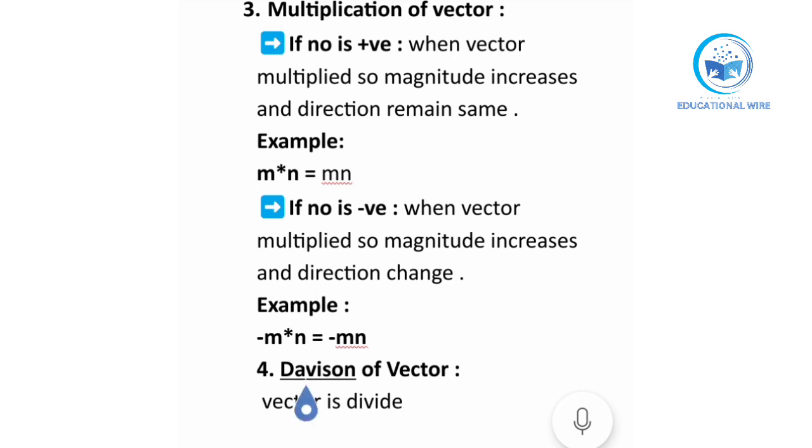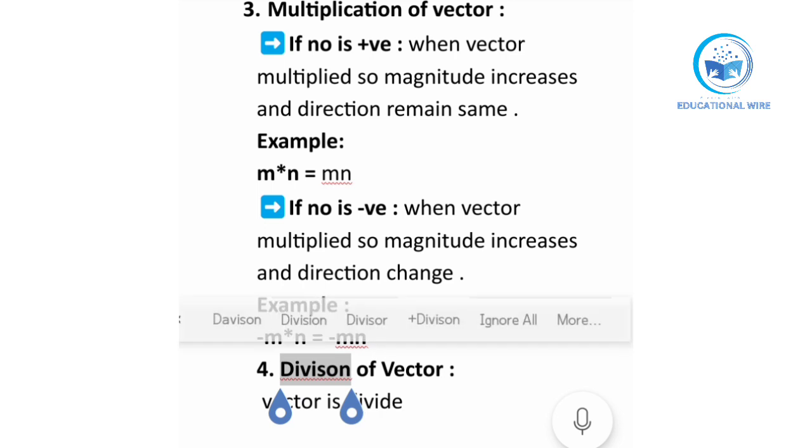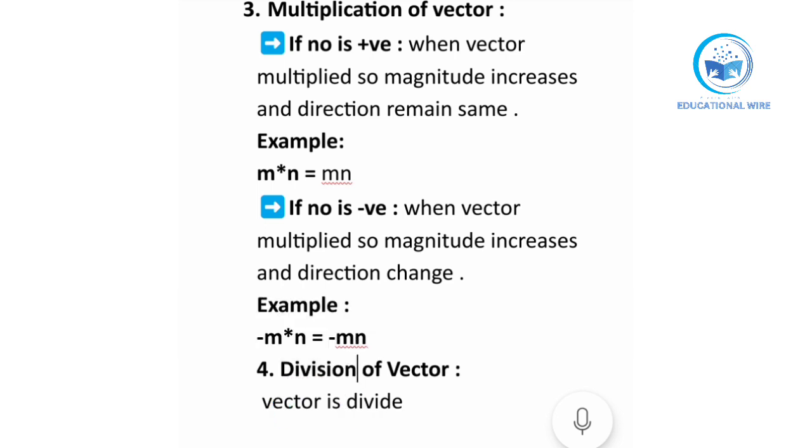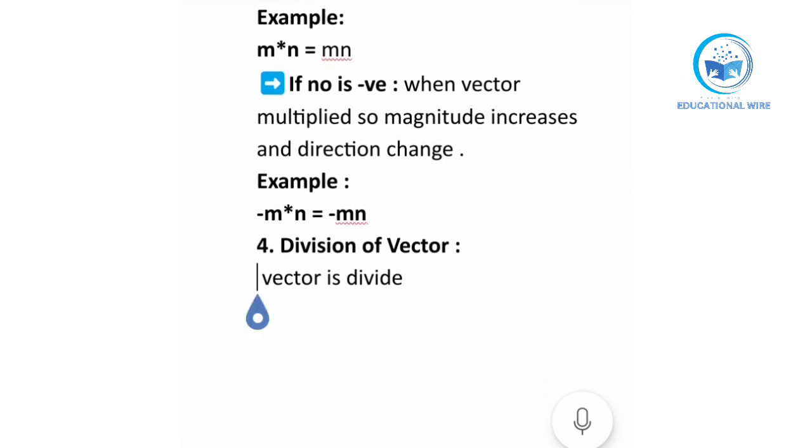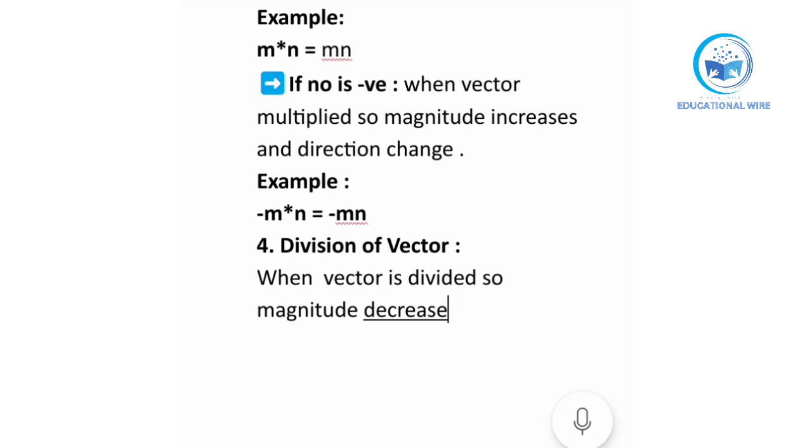Yeah, so here, division of vector: when a vector is divided, the magnitude decreases and the direction will remain the same.